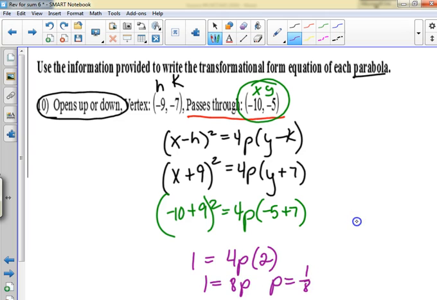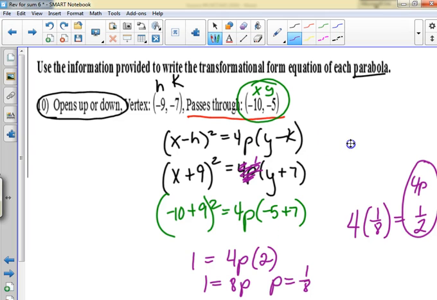But what do I really need to put back in the equation anyway? 4 times 1/8, which is 4/8, or 1/2. So my answer, instead of 4p right here, will have a 1/2. Okay, that was not a good plan. Let's just rewrite it with an eraser. That'll work well.